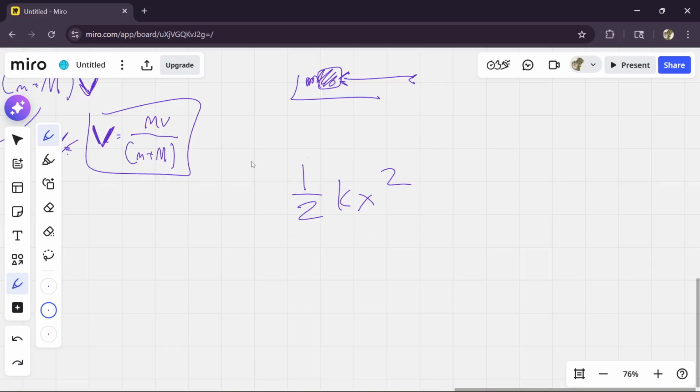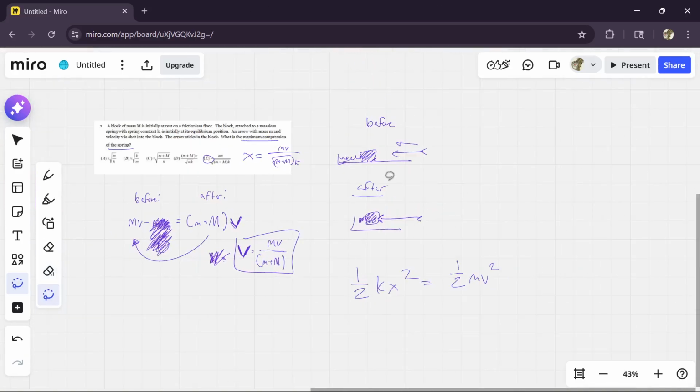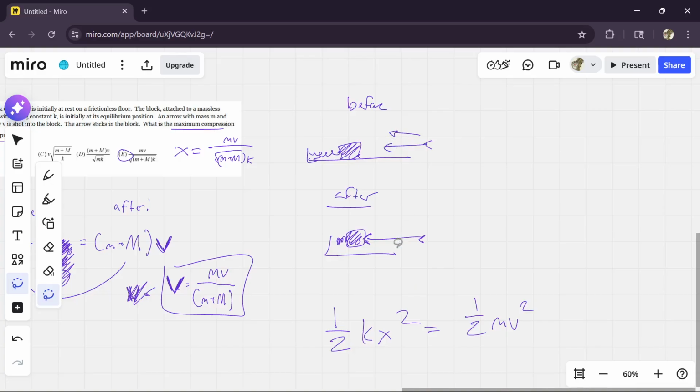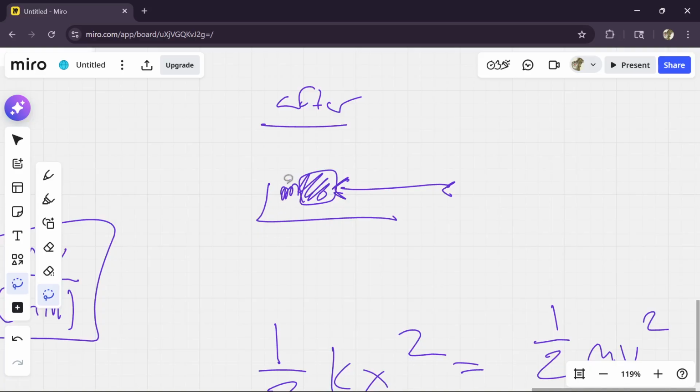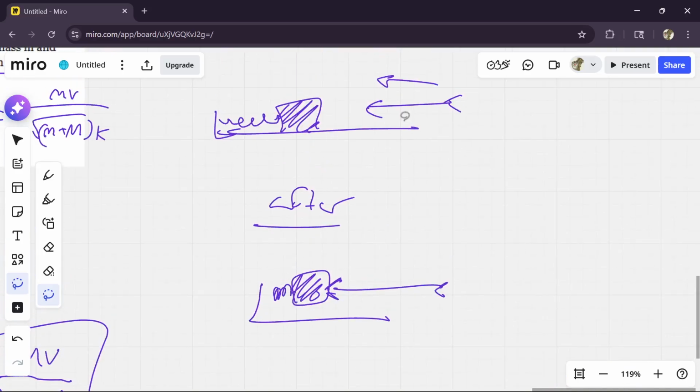The reason for that is this is going to be set equal to 1/2 mv squared. Why? Well, when the arrow is flying, it is purely kinetic energy. After the collision, all of that energy has gone through the arrow, through the block, and now it is being put onto the spring. So the spring energy is going to be equal to the kinetic energy that the arrow previously had.